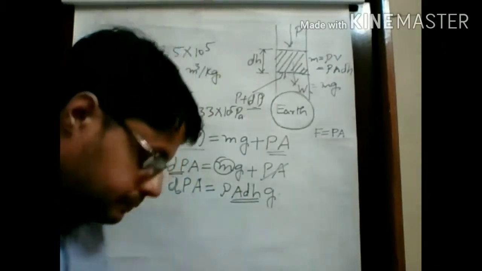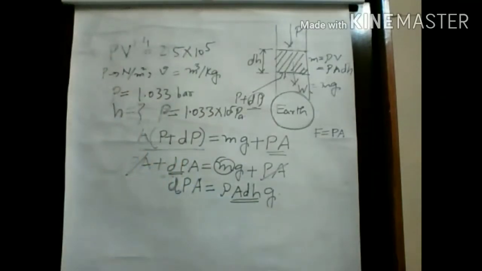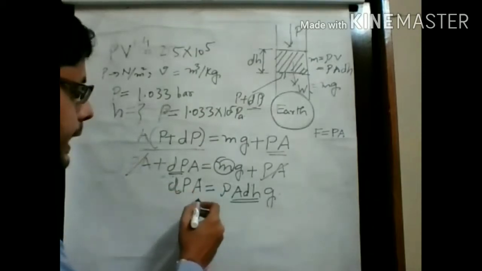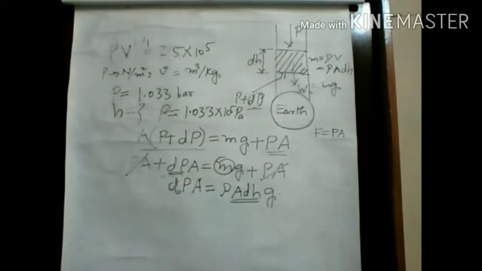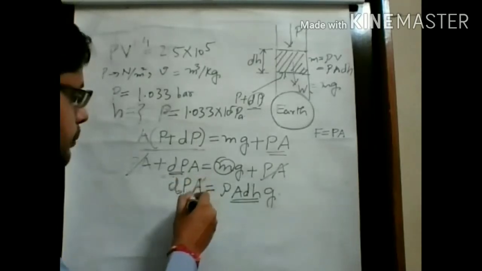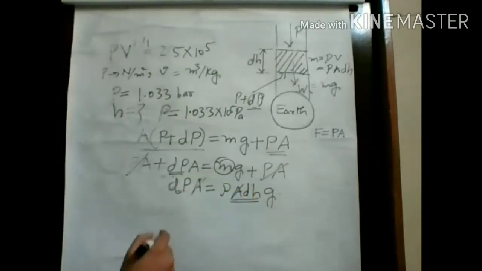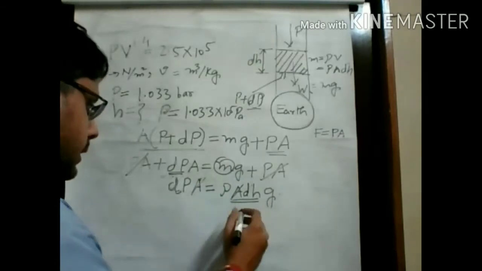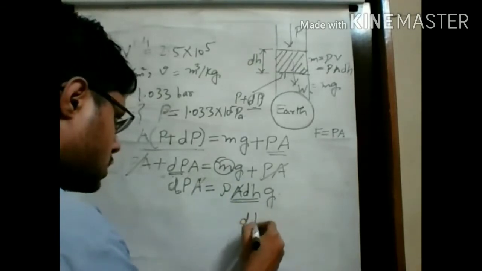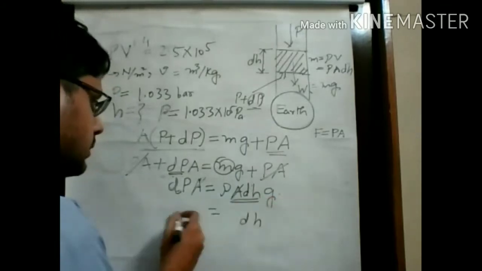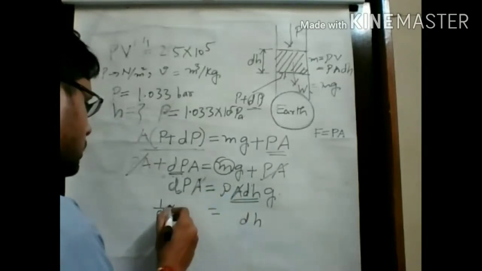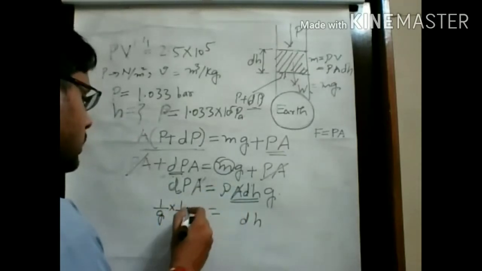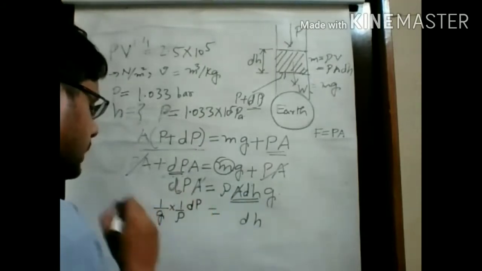So in this problem, here we are getting dP A equals rho A dh multiplied by g. Okay. So here we simply cancel out this A term and we get dh equals 1 upon g and 1 upon rho multiplied by dP.